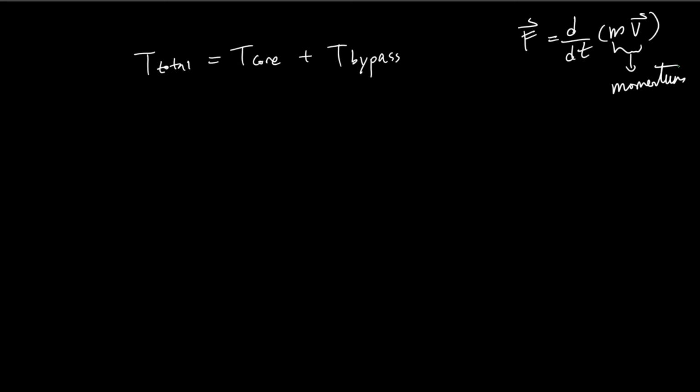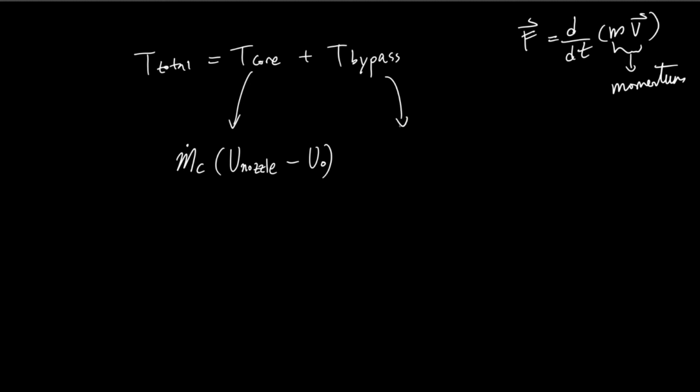Anyways, it's really good to know where the force comes from, what is force, and knowing different forms of force. So we have thrust. For the core, I would say the mass flow rate that goes through the core, I'm just going to denote it as m dot c, times the exit velocity, exiting at the nozzle. It's not the fan nozzle, it's the core nozzle, minus the incoming airspeed.